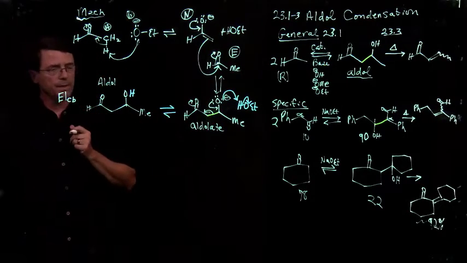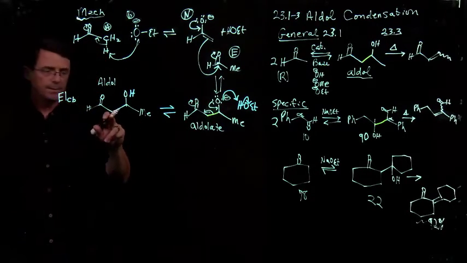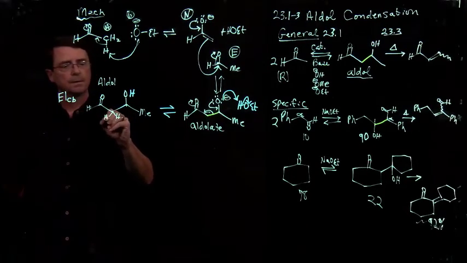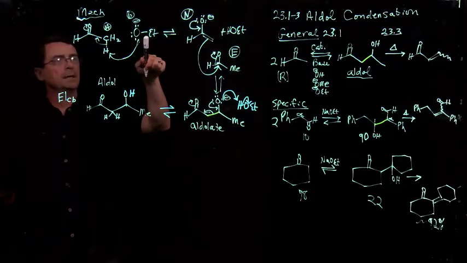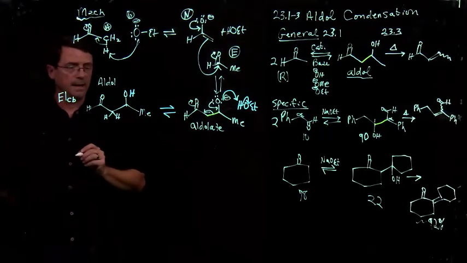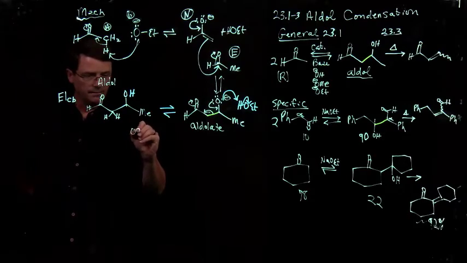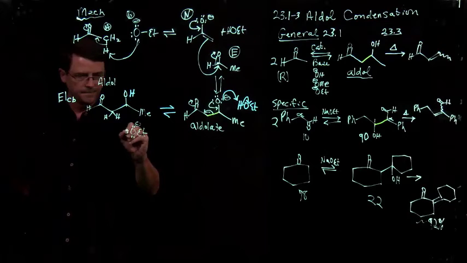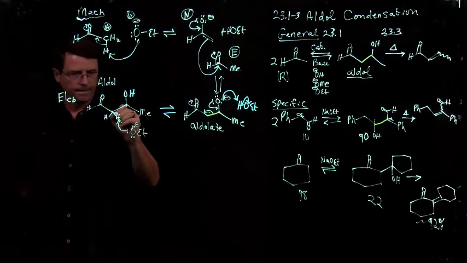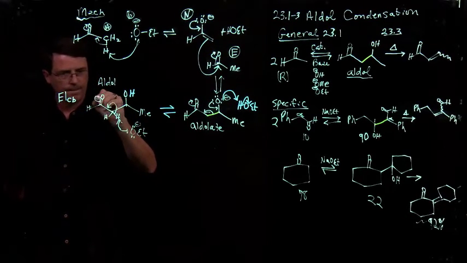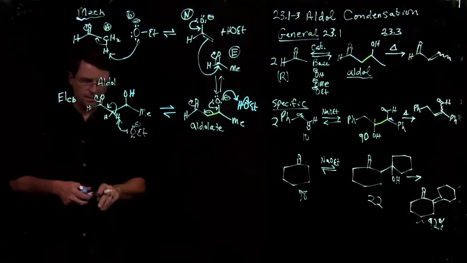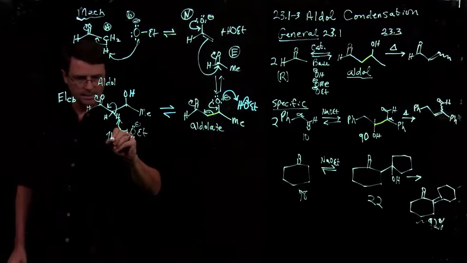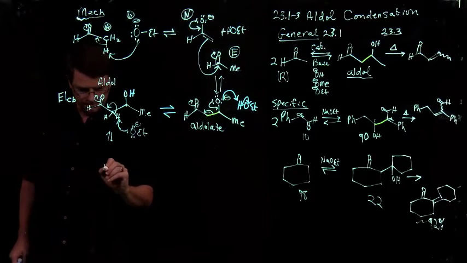But aldehydes are pretty acidic at the alpha position as well. We've seen some of those numbers. We've already seen the ethoxide deprotonate that, and so we have this process again. So we form the conjugate base from alpha deprotonation. Again, that step is reversible.